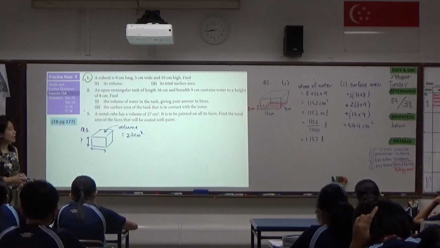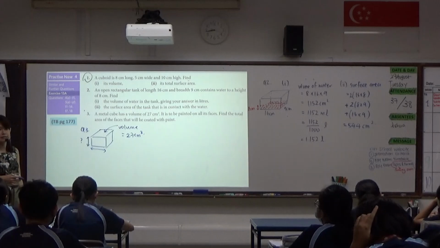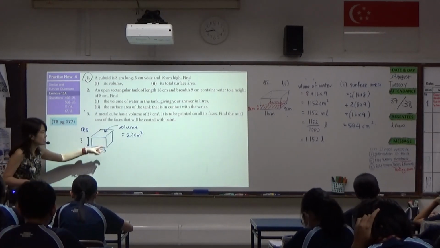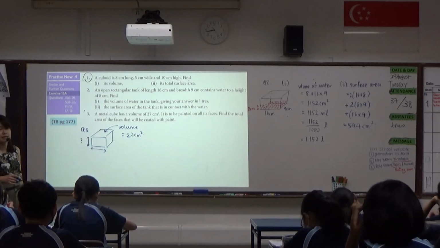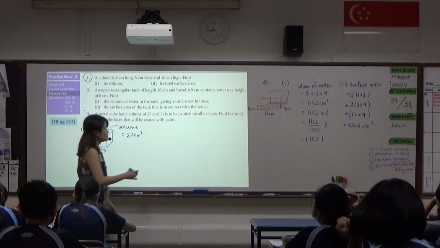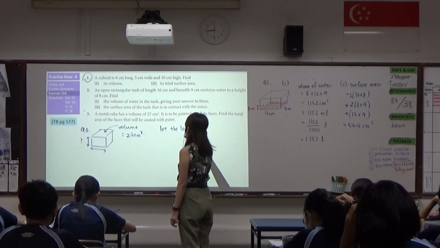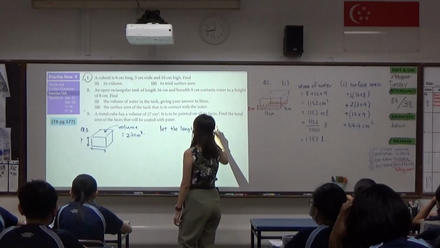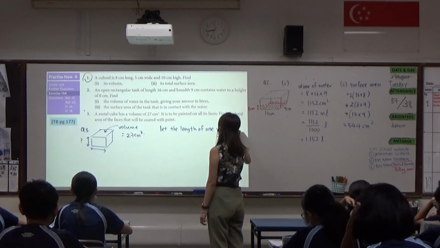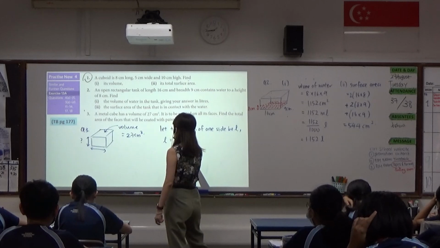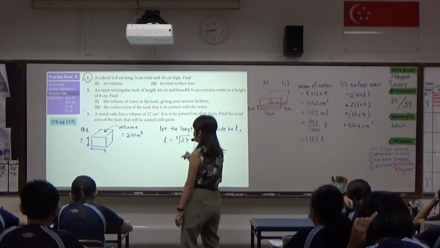Right? How do we get the volume of a cube in the first place? We take length times breadth times height, right? But then length, breadth and height, they're actually all the same value. So what we can do is, I will let the length of one side be L. Okay, so L will be equals to cube root of 27.